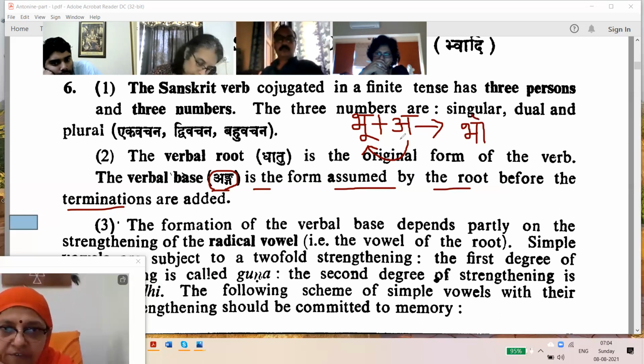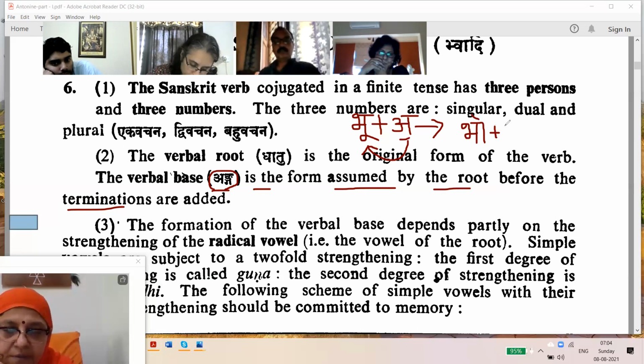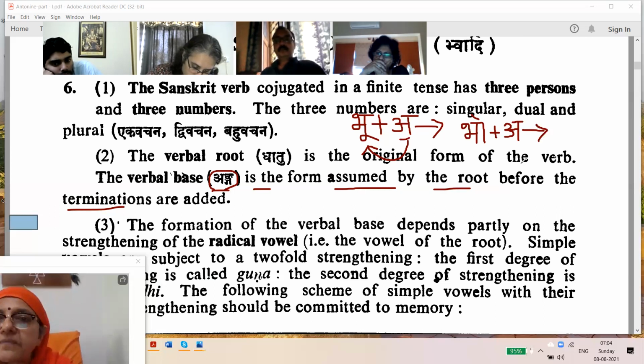Still, this a will remain as it is. Again, which sandhi can be applicable here? Bo plus a. Vowel sandhi. O plus a. Aya sandhi.